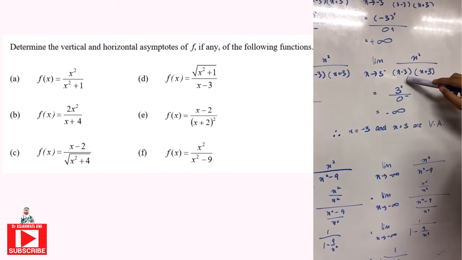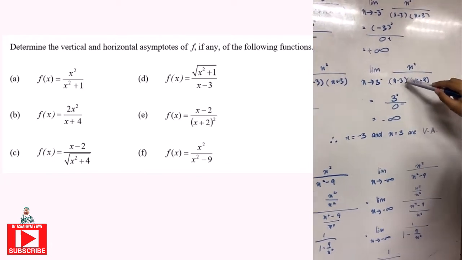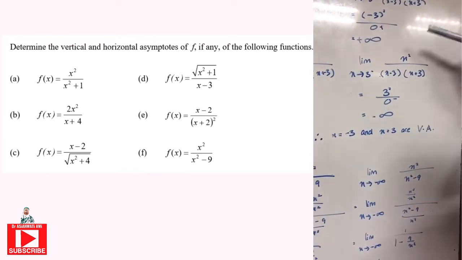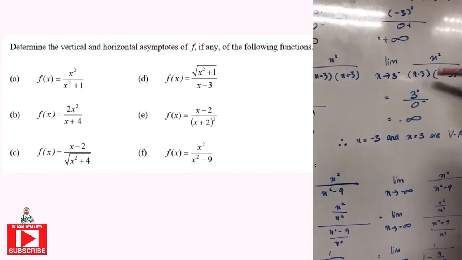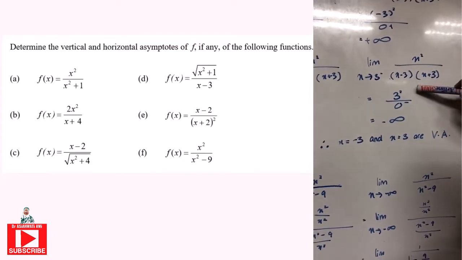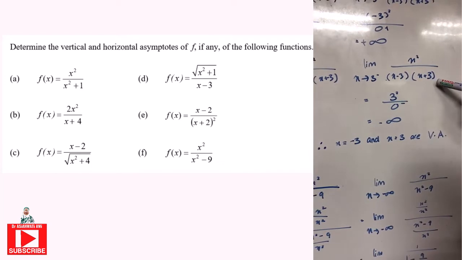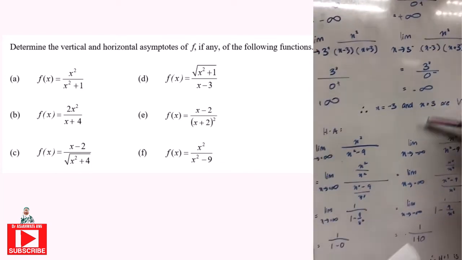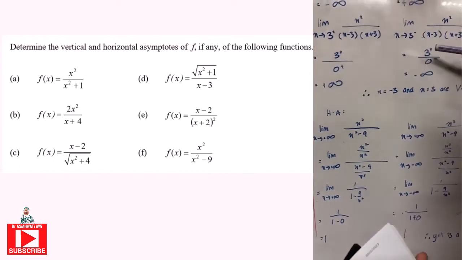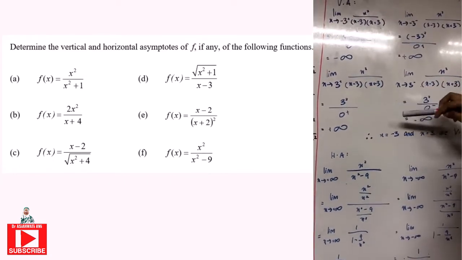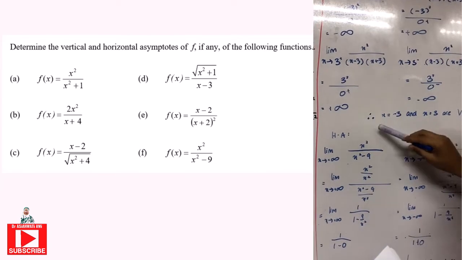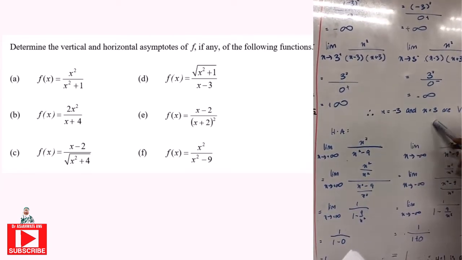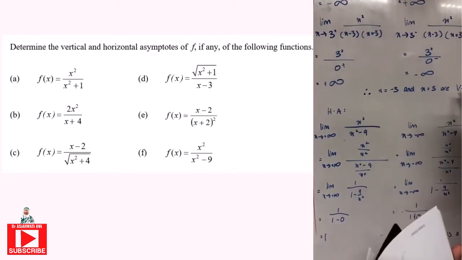We take one example such as 2.9 and substitute it in. The numerator is still positive and the denominator is negative times positive, so we get negative infinity. Since we get infinity for these two values, x equals negative 3 and x equals 3 are vertical asymptotes.